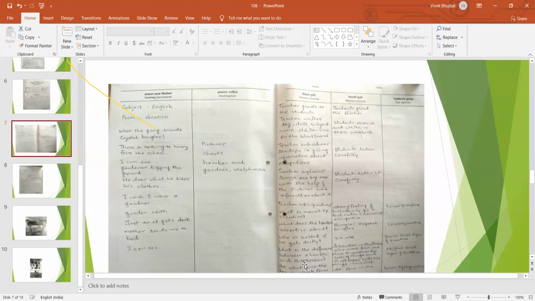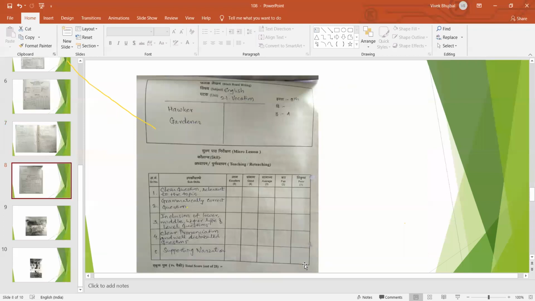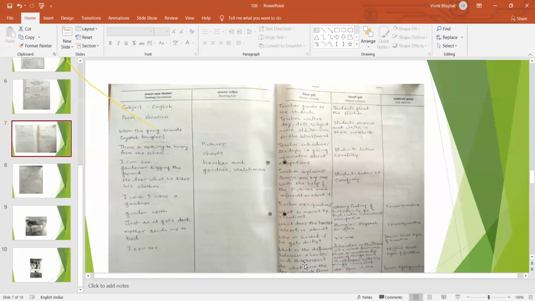Yes, a hawker does not have a particular shop. Very good question, very good answer. Next, at what time does the boy come home from school? At 4 o'clock. Nice answer.